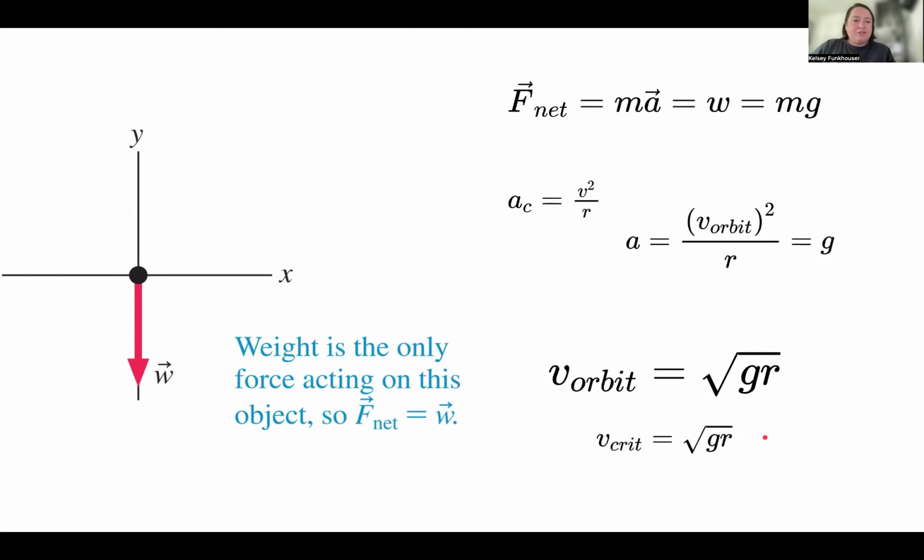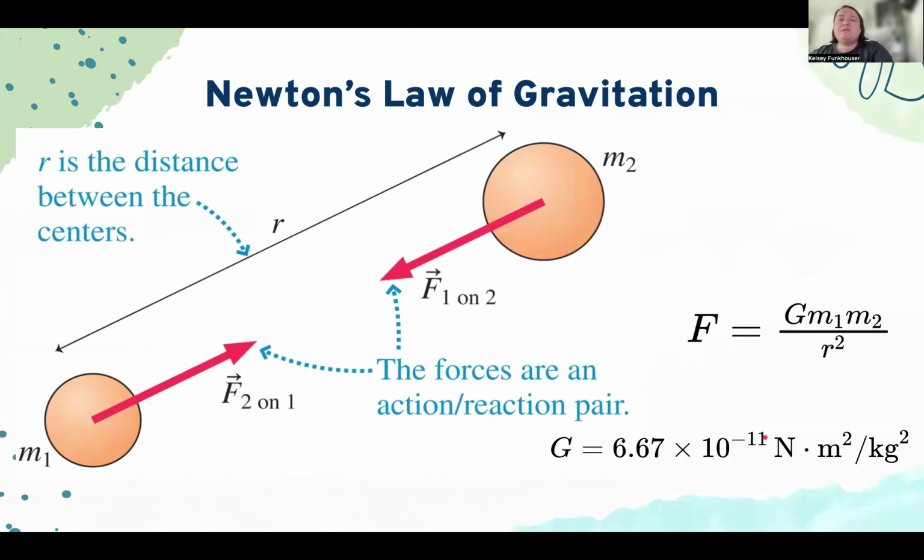And then just really quickly, I want to introduce Newton's law of gravitation, which is kind of a larger scale version of our weight force, which is mass times acceleration due to gravity.